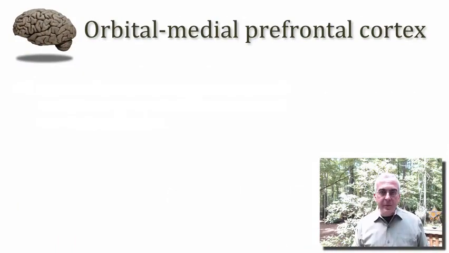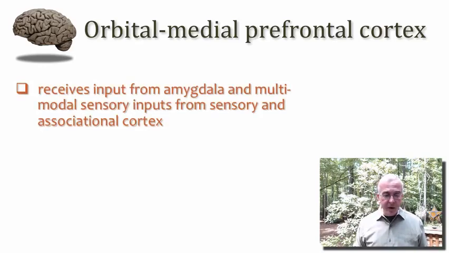So we've learned quite a bit about the functions of the orbital and medial part of the prefrontal cortex from studying their anatomical connections. We know that this part of the prefrontal cortex receives inputs from the amygdala, as I've already described for you. It's also receiving inputs from virtually all of the other sensory systems. And it's also receiving input from the associational cortical areas, especially the associational cortex of the parietal lobe and the temporal lobe.